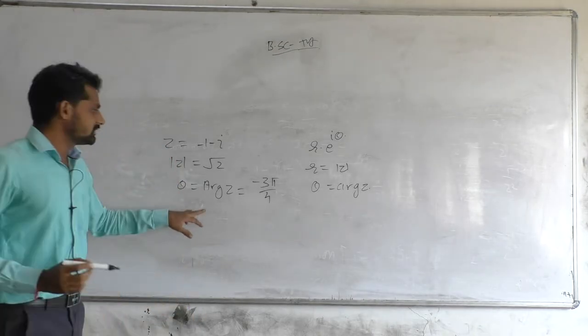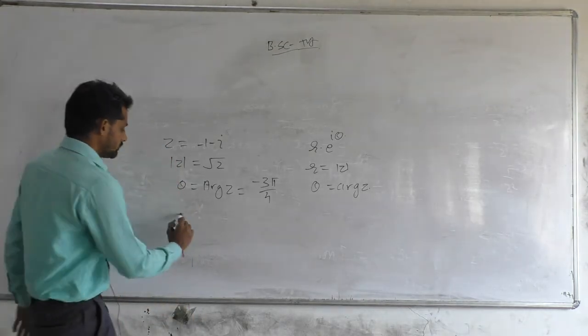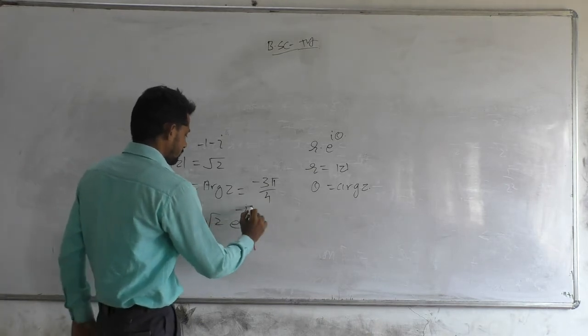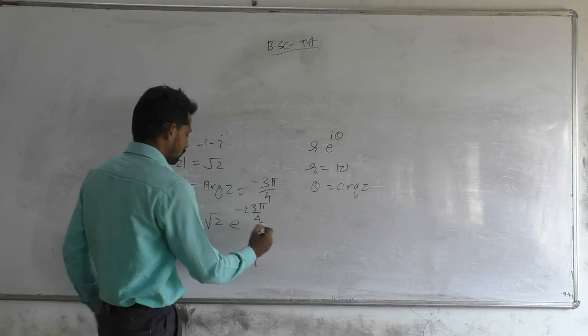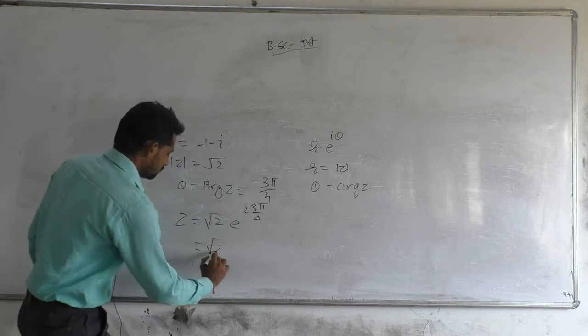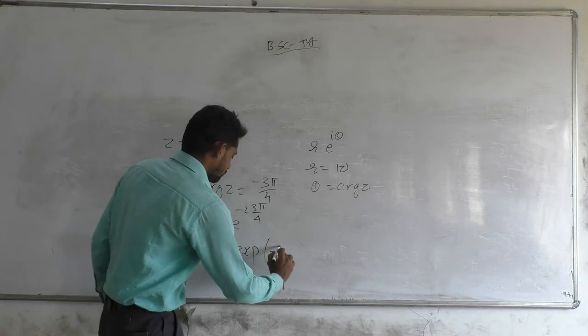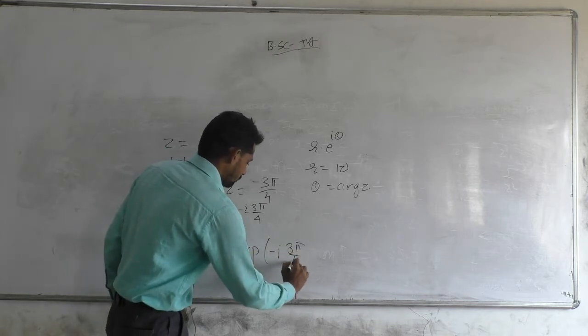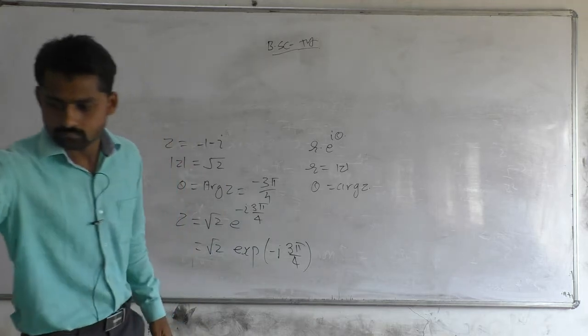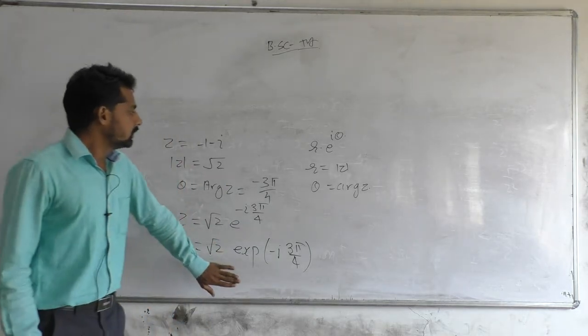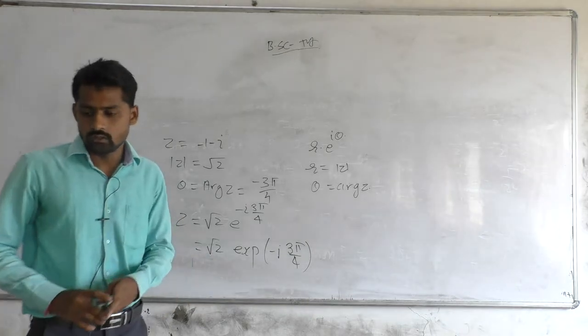So the exponential form of this complex number is square root 2 e raised to minus i 3 pi by 4. This can also be written as square root 2 exp of minus i 3 pi by 4. So this is the exponential form of the complex number.